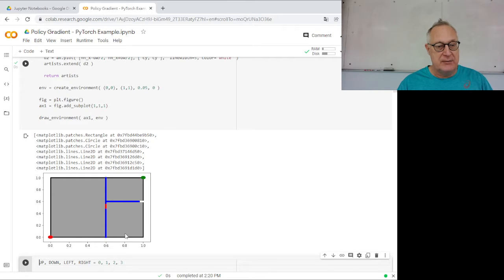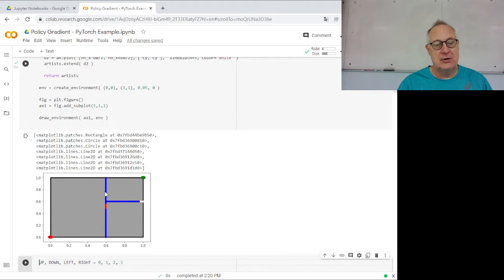And this is what I came up with. We have a robot that starts at location 0, 0, and it has to reach the green goal location at 1, 1. To make it a bit more interesting, we have two doors in our domain that the robot can go through, and otherwise the blue walls.